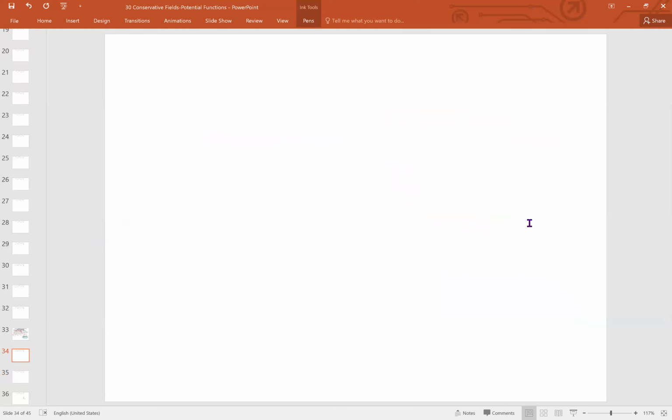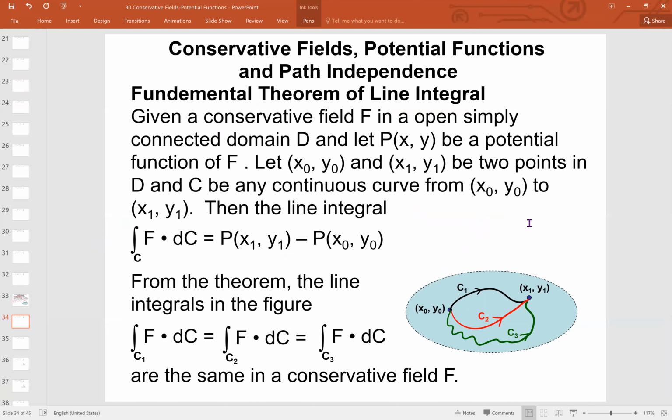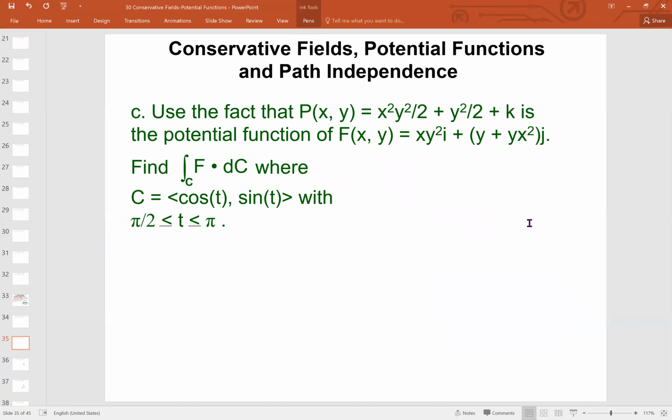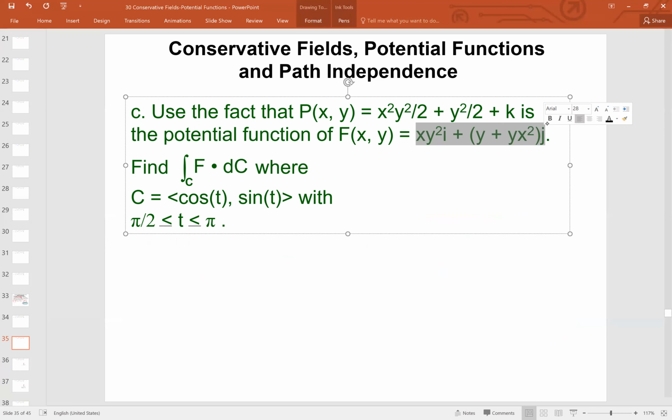Okay, so let's use the example we just did, finished for the potential function. Let's find out what the line integral is from one point to another point. So this is the vector field from previous examples, and we found that this is the potential function, and the question is to find the work, or the line integral of the vector field over this curve.